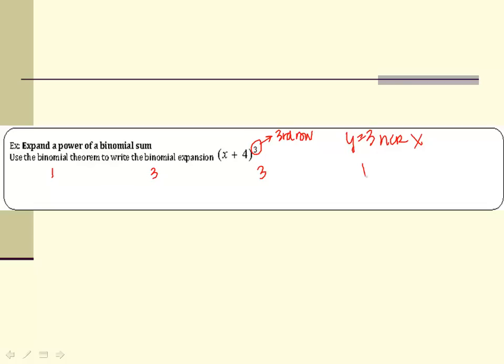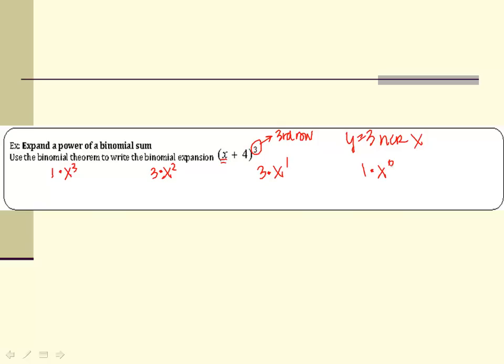You will notice I left significant space between them. I do this in a 3-step process, and I want to walk you through that. So I start with the third row of Pascal's triangle. Those are my coefficients. I then look at my x, okay? And I'm going to start at the third and work my way down. So I multiply by x cubed, I multiply by x squared, x to the first, and then multiply by x to the 0.